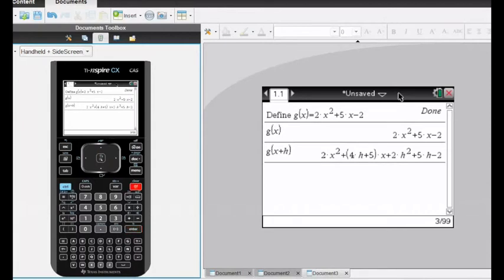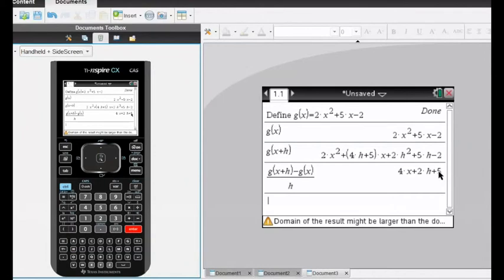If, for example, I want to put it into the formula for differentiating using first principles, I go control, divide, so I get my fraction, and I go g of x plus h minus g of x over h. And I end up getting the answer of 4x plus 2h plus 5, which is, of course, what we got before. So this is a great way, first of all, of checking your answer, but also you don't have to go through all of the steps of working out when expanding the brackets. You can just write out this answer that you see here.